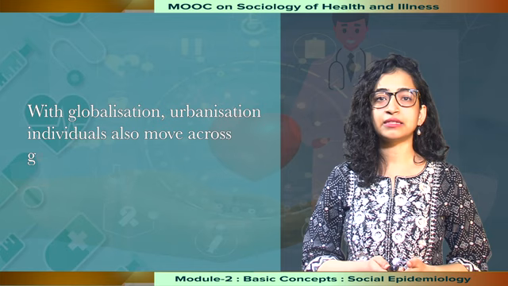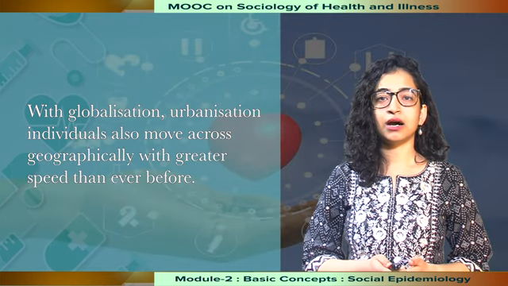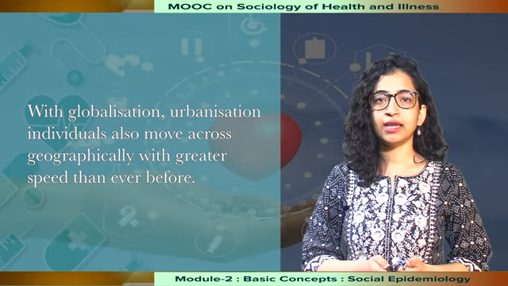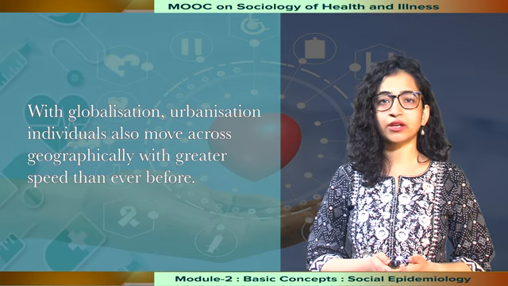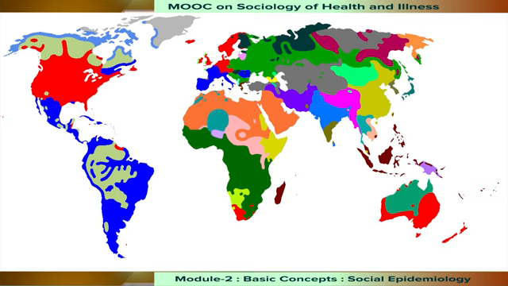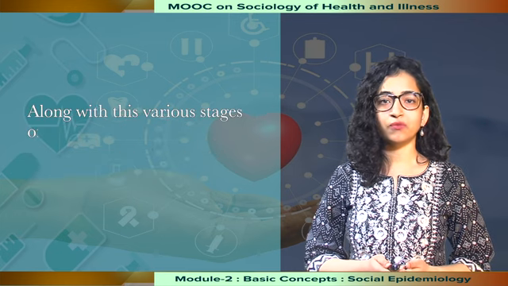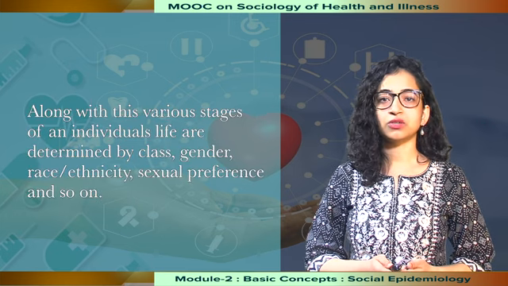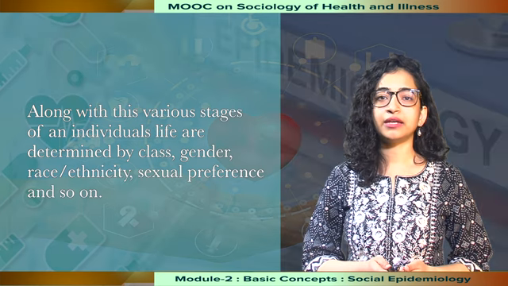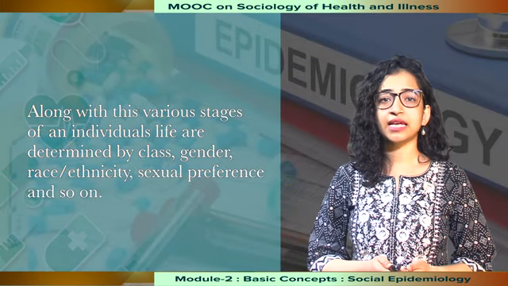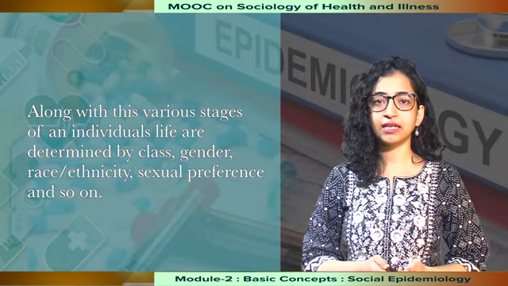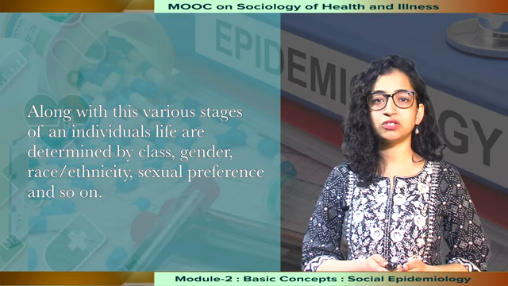With processes like globalization, urbanization, and so on, individuals also move across geographies with greater speed than ever before. Along with this, various stages of an individual's life are determined by class, gender, race or ethnicity, sexual preferences, and so on.